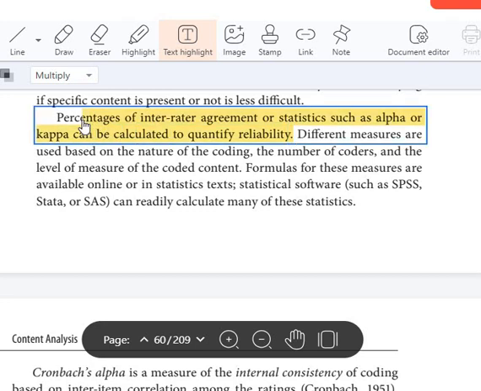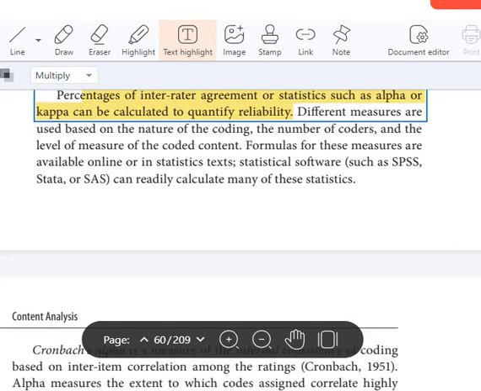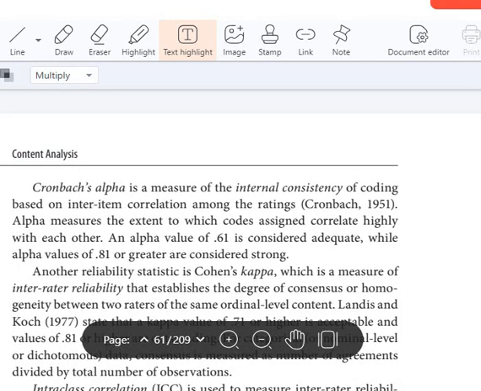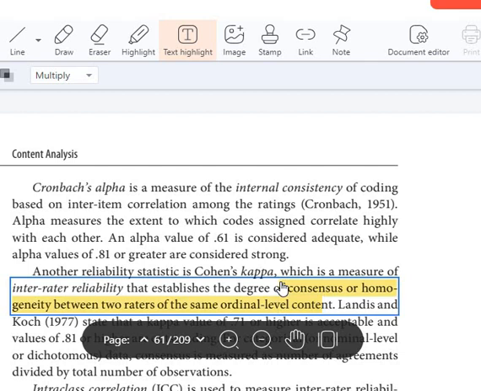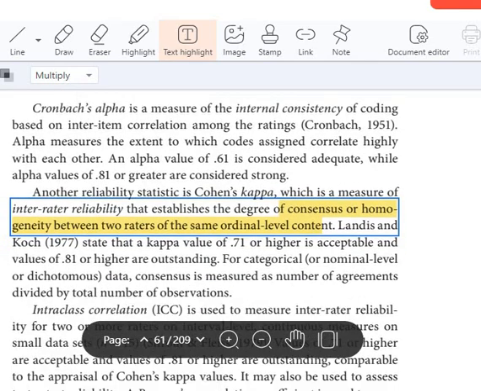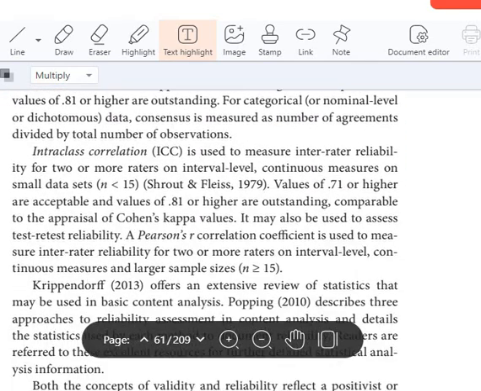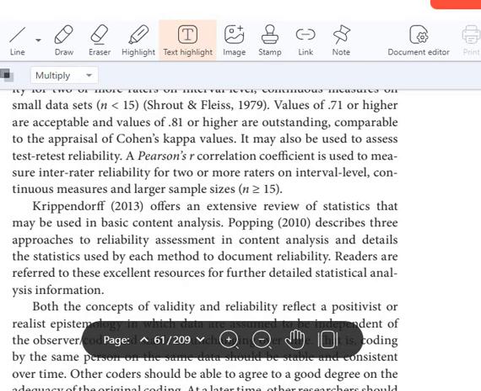In basic content analysis, Cronbach's alpha is the measure of the internal consistency of coding based on the inter-item correlation among the ratings. Another reliability measure is Cohen's kappa, which is a measure of inter-rater reliability that establishes the degree of consistency or homogeneity between two raters of the same ordinal level content. And it talks more about statistics here.